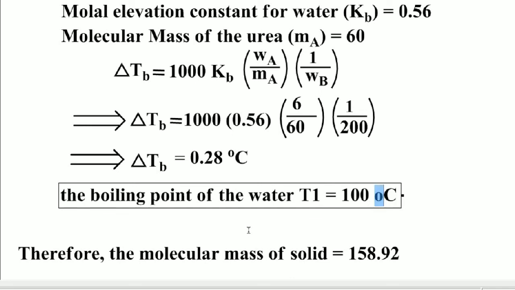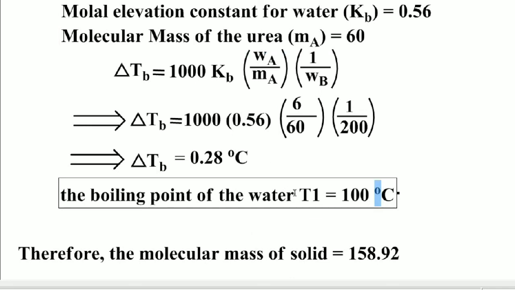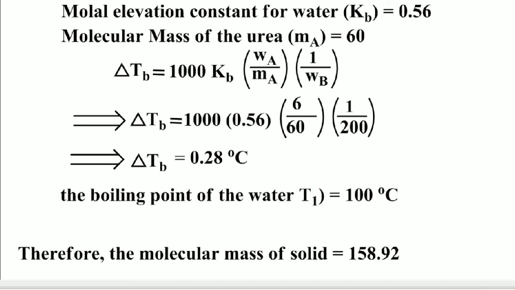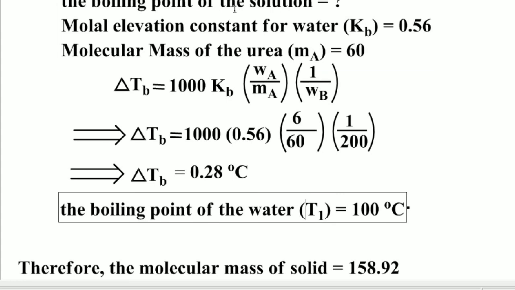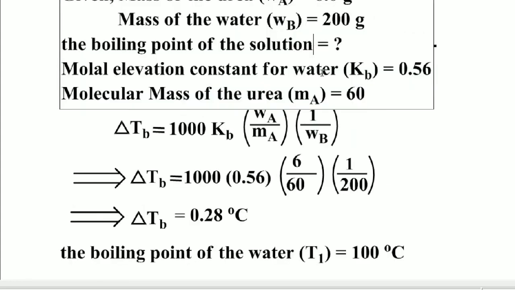The boiling point of water is denoted with T1. We know that the boiling point of water is 100 degrees centigrade, and the boiling point of the solution, let it be T2.